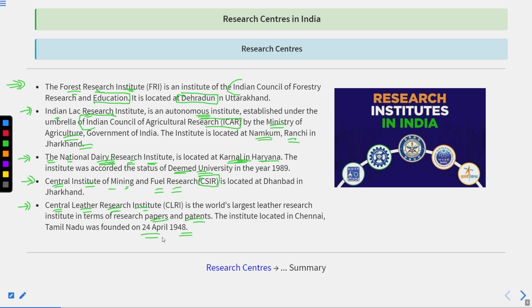And whatever research had been conducted there, whatever papers and patents got published from there, when we compile all of these things together, we will get to know that the volume of these papers and patents makes it the largest leather research institute in terms of research. By location, it is located in Chennai, in Tamil Nadu, and was founded on 24th April 1948. Okay.